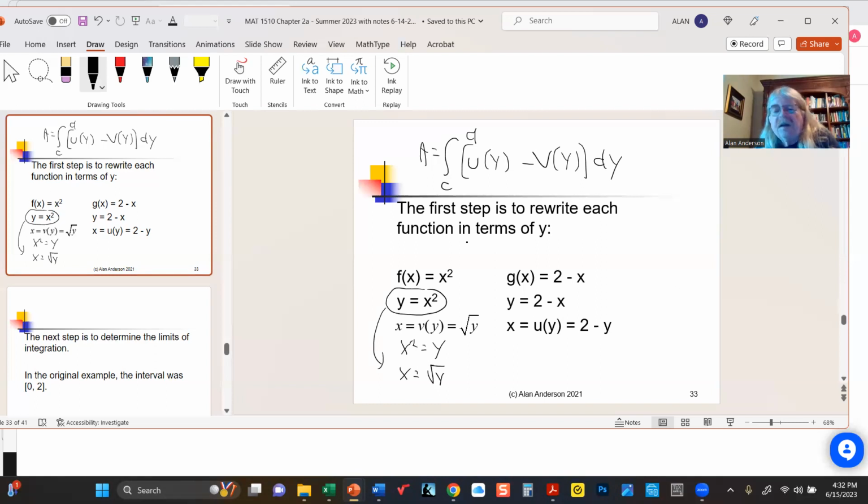Okay, and by the way, since we're only interested in the second quadrant, we don't need to worry about the fact that when you take the square root like this, it actually results in both plus and minus radical y, because negative radical y will not appear in the second quadrant. So we're only interested in x equals radical y. Now over here, we took y equals 2 minus x, and what we're doing is solving for x.